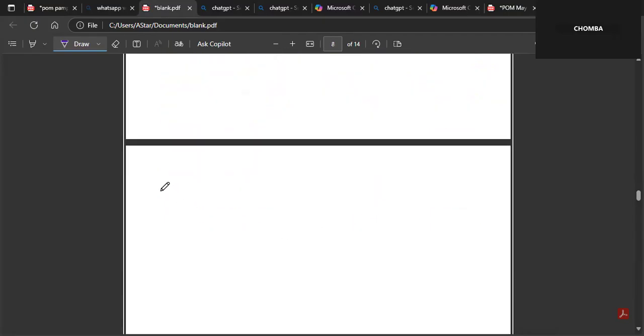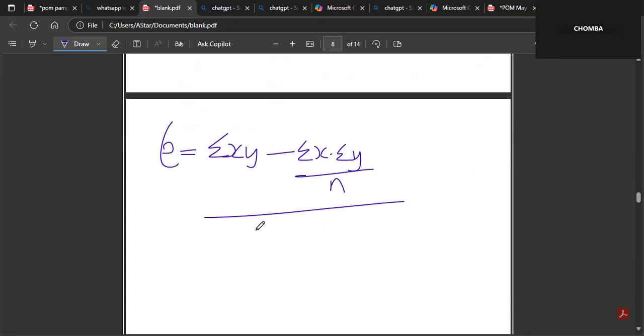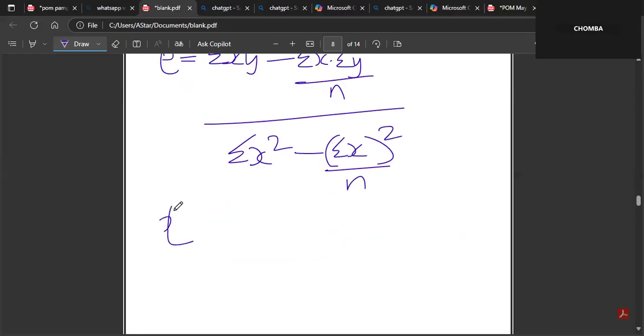So let us find our B. Our B is summation of xy minus summation of x multiplied by summation of y over n, over summation of x square minus summation of x square over n.